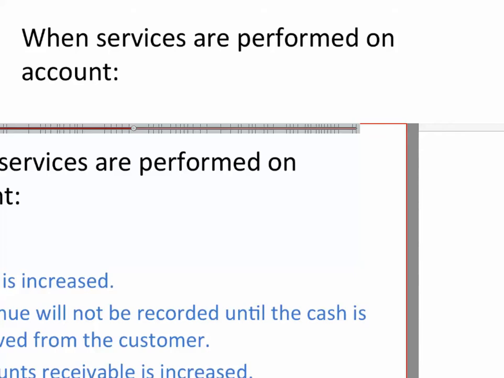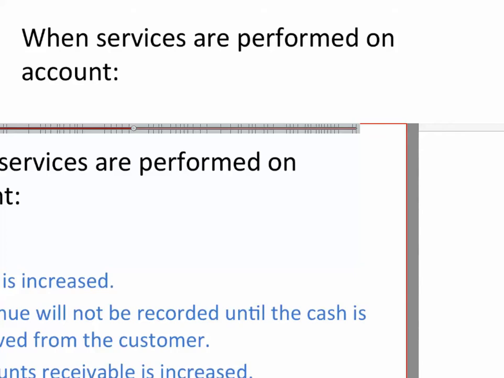Now we're saying we're the company performing the service. So does someone owe us money or do we owe someone else money? If we owe someone else money, it's accounts payable. If we perform services on account, do we owe anyone money for that? No. So we can eliminate accounts payable, because accounts payable is if we owe someone else money.